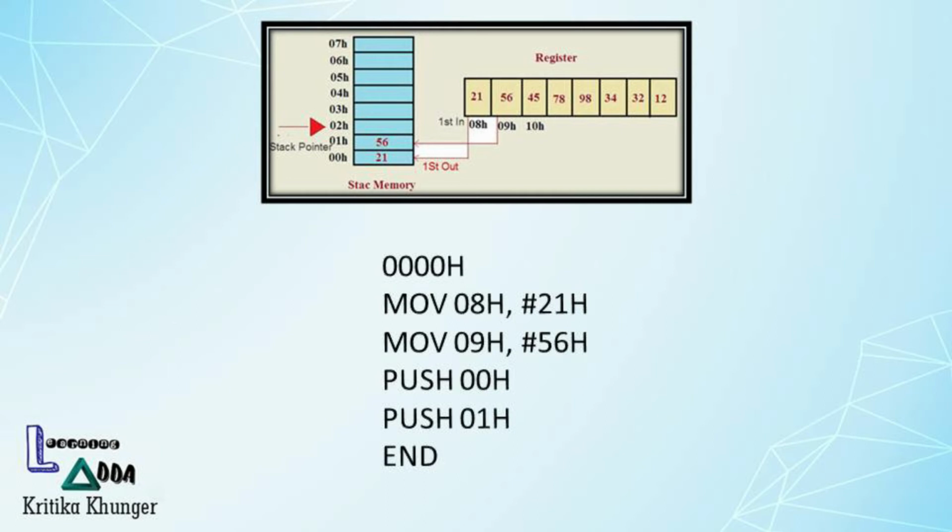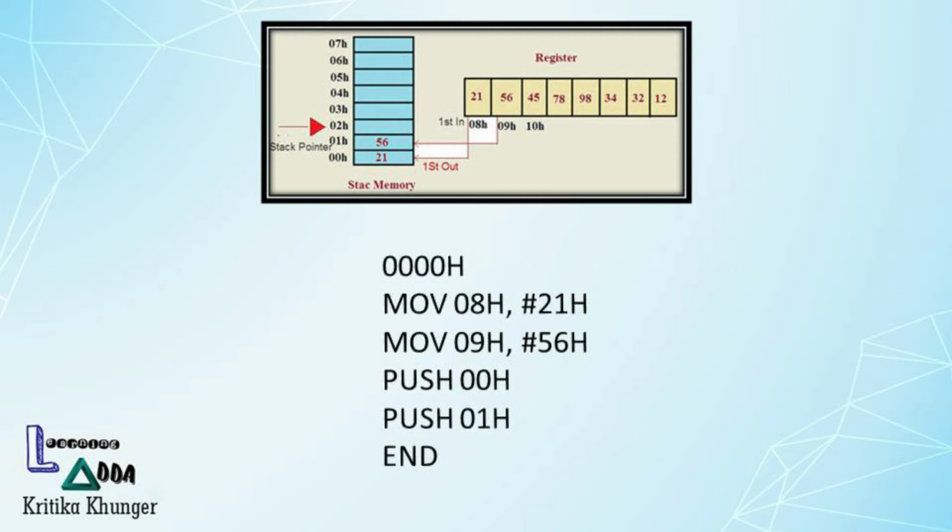And second instruction is move 09h comma hash 56h. We are moving 56h 8-bit data to 09 memory location.